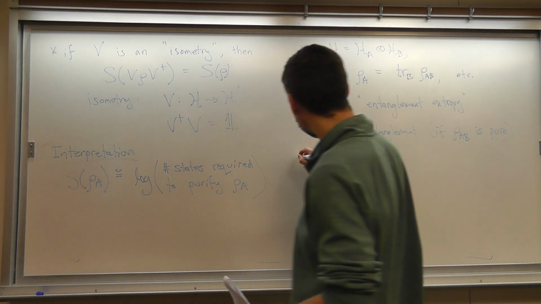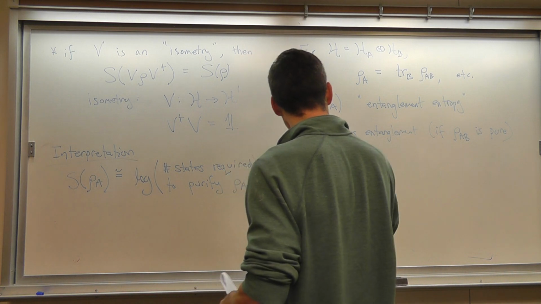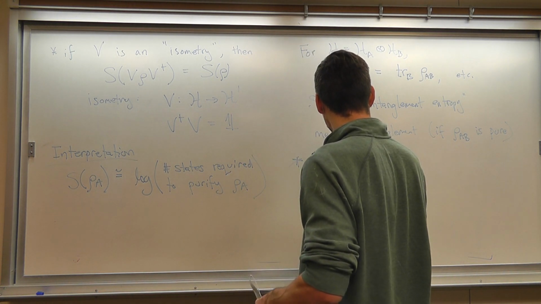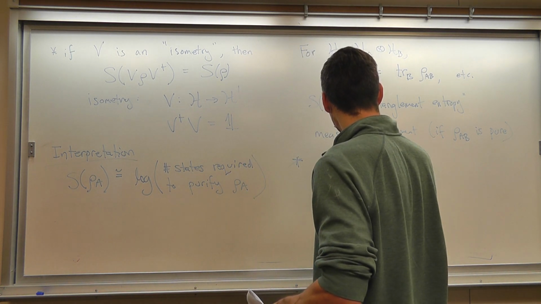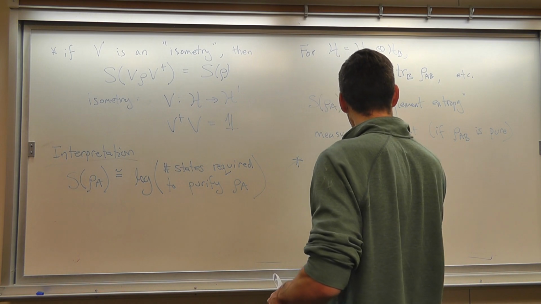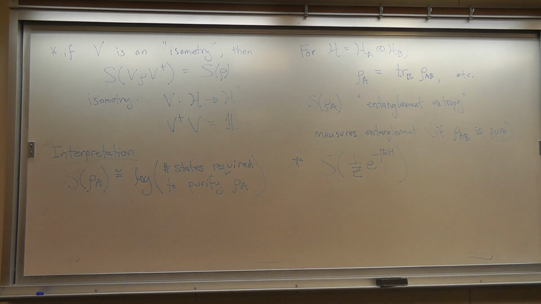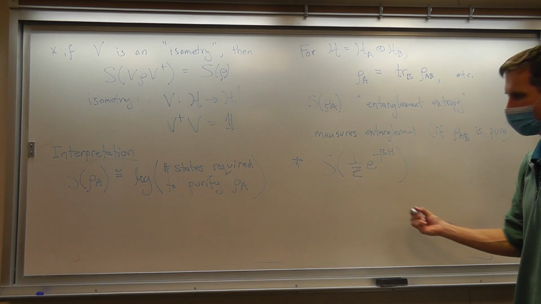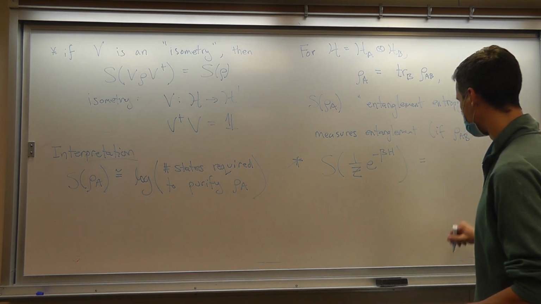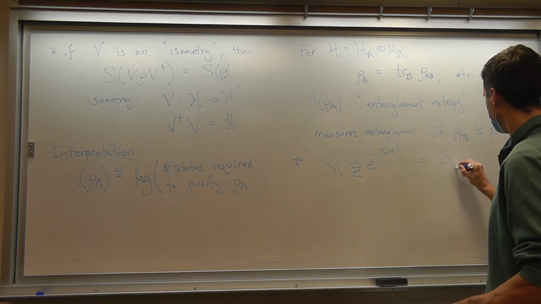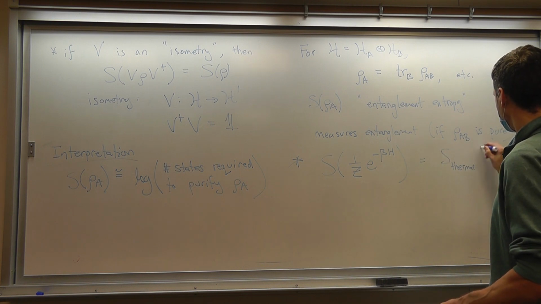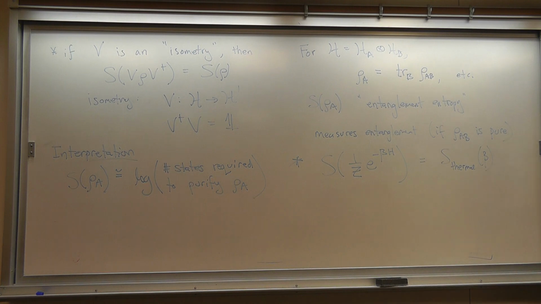Actually, I didn't think to write this one in my notes, but this is an important one. S of the thermal state, which is the normalized version of e to the minus beta H. The von Neumann entropy of a thermal state is equal to the thermal entropy at that inverse temperature.